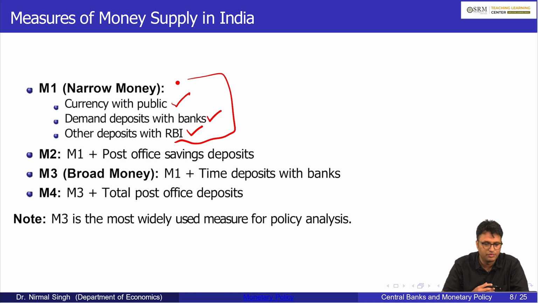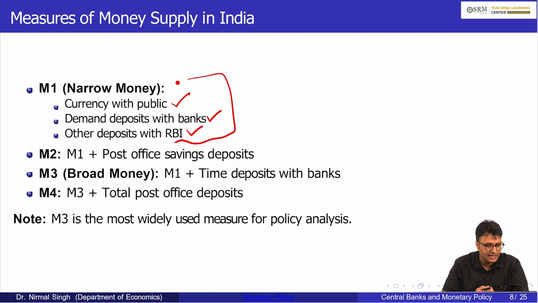And the third measure, which is very important and used in the Indian economy, and on which RBI regularly publishes data, is broad money, that is M1 plus time deposits with the banks. So how much money there is in time deposits plus M1 leads to the M3 measure, which we also call the broad measure of money.